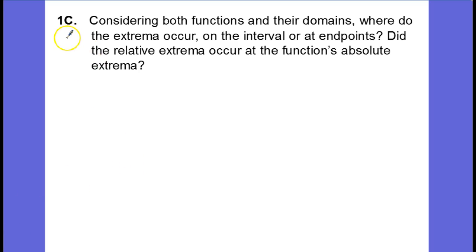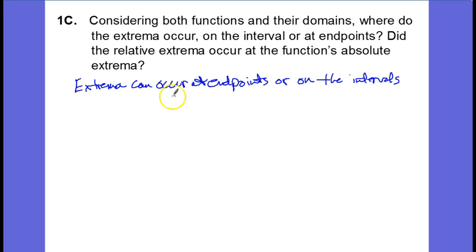Now in 1c, they tell me to consider both functions and their domains. Where do the extrema occur, on the interval or at endpoints? Do the relative extrema occur at the function's absolute extrema? Let's think about what was going on here. Extrema can occur at the endpoints or on the intervals.